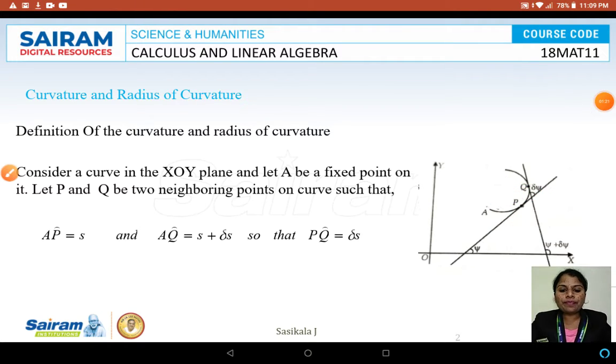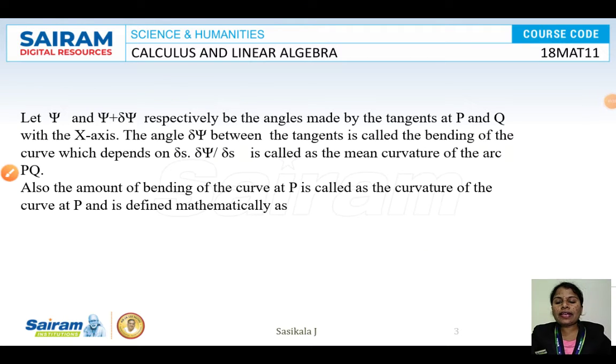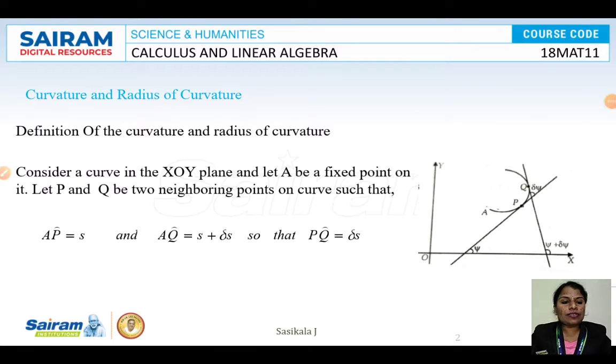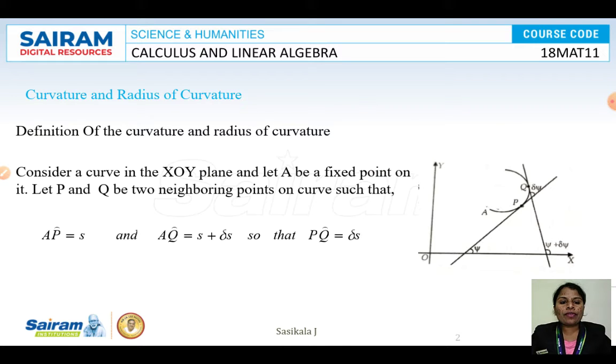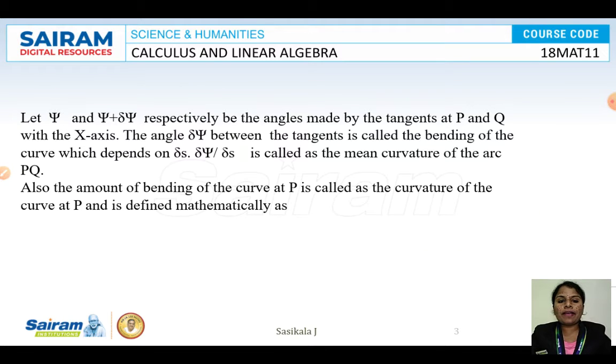And now you can see psi and psi plus delta psi, which are the angles made by the tangents at P and Q with the x-axis.